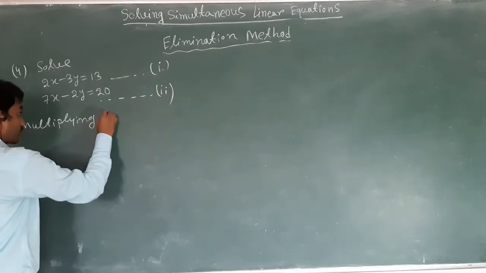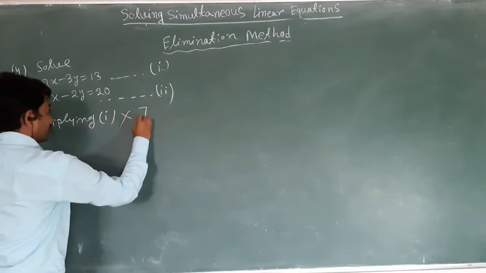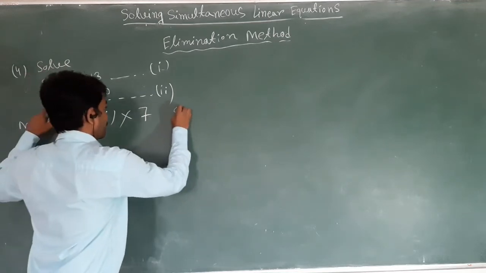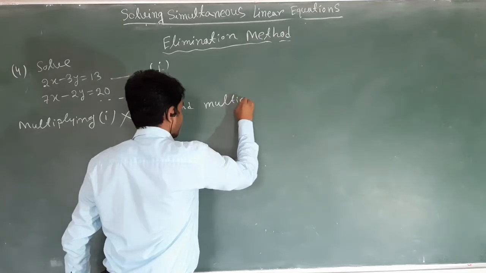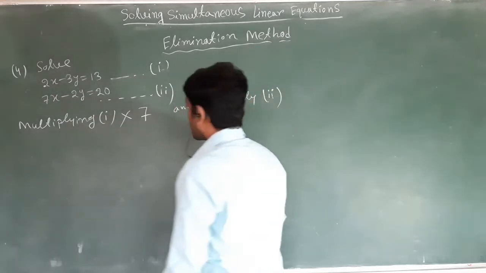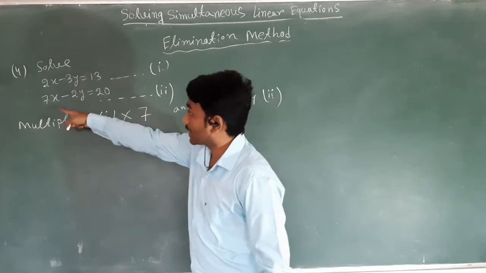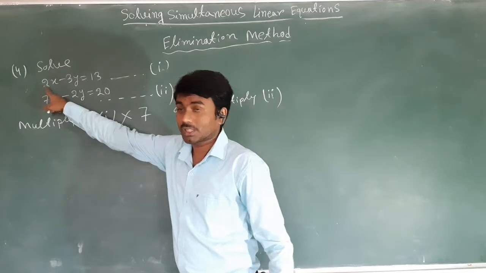Multiplying equation 1 by the numerical coefficient of x in equation 2, that is 7, and multiply equation 2 by the numerical coefficient of x in equation 1.